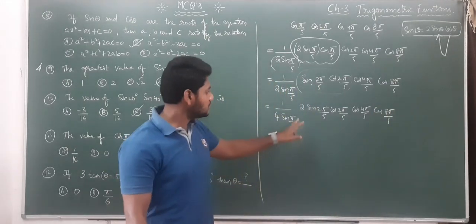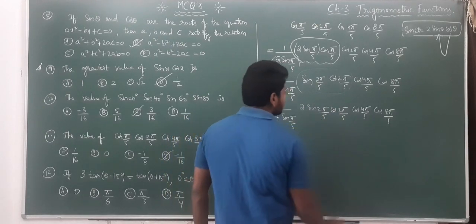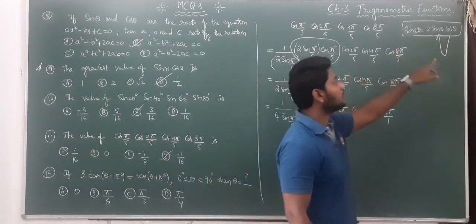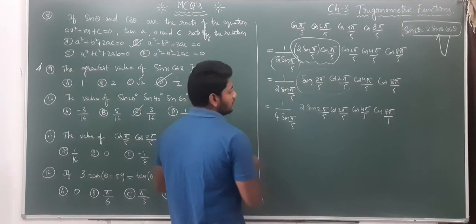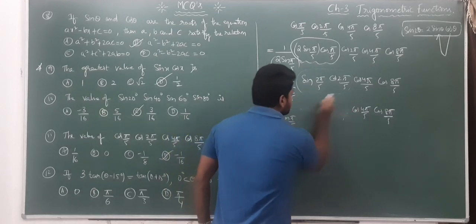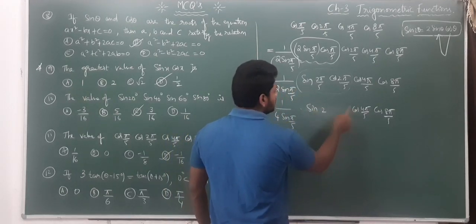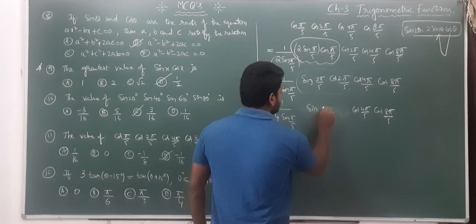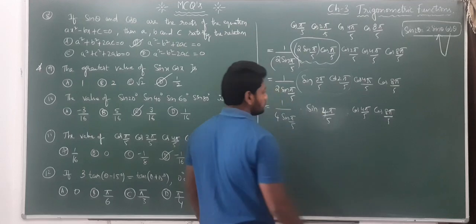Then again, this is in the form of 2 sin theta cos theta. What is theta here? 2 pi by 5. Observe carefully: 2 sin theta cos theta will become sin 2 theta, sin 2 into 2 pi by 5, which is sin 4 pi by 5.